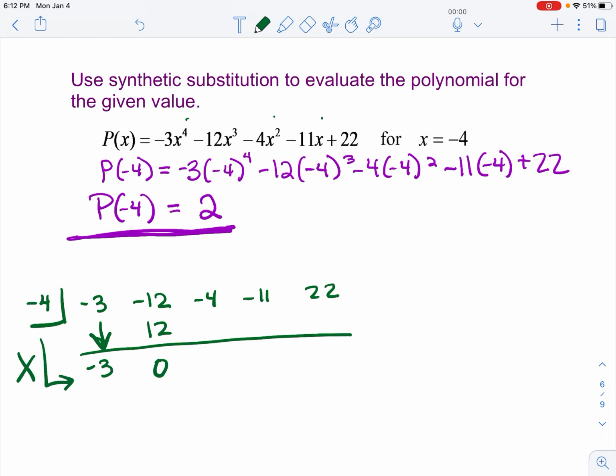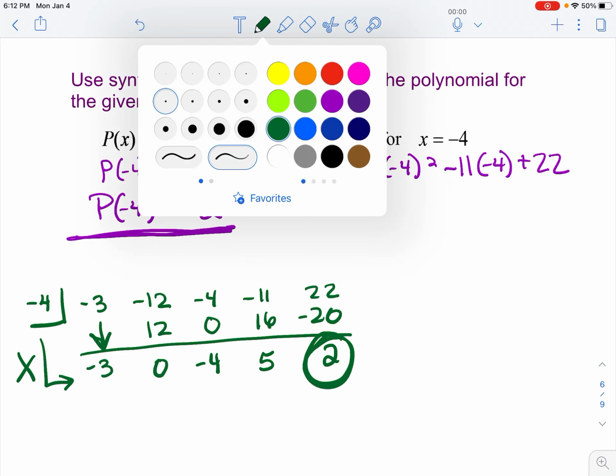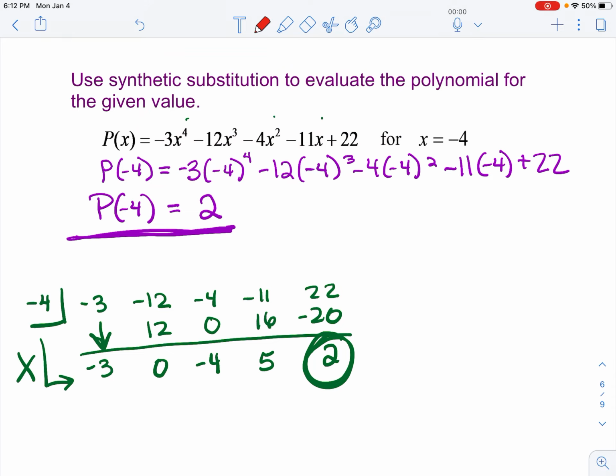That's a 0. Multiply, I get a 0. That's a -4. Multiply is a 16. I get a 5. Multiply, I get a -20. And what does my remainder turn out to be? It's a 2. So this shows us that if we plug in this value, it's going to give us the remainder to our problem.